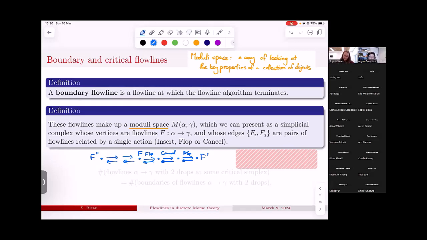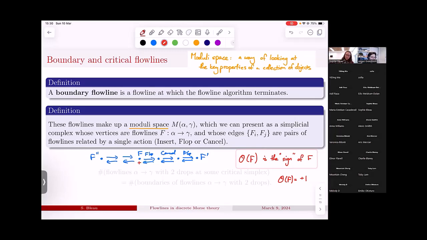So something else that we can do to get closer to our goal of proving that the differential squared is 0 is defining a sign on a flow line. In particular, if the sign of f is +1, then I can give this a little plus. Furthermore, every operation in the algorithm negates the sign of the flow line.